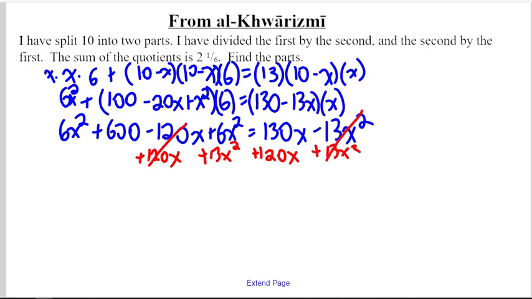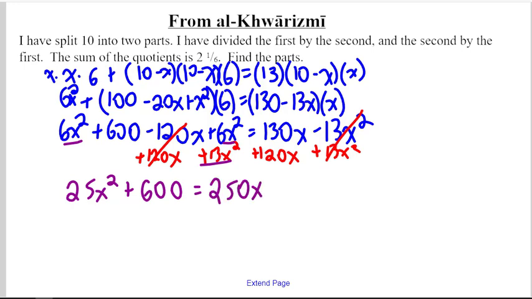Now I've got 6x squared plus 6x squared plus 13x squared. That's 25x squared. And then I have plus 600 equals, well, 130 plus 120 is 250x. And at this point, I have all positive terms.